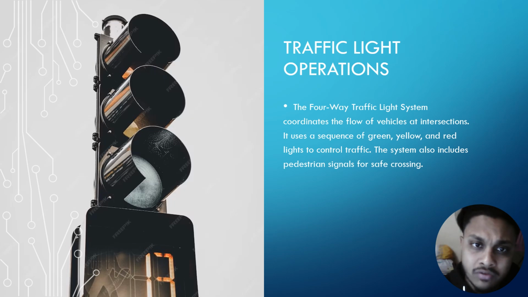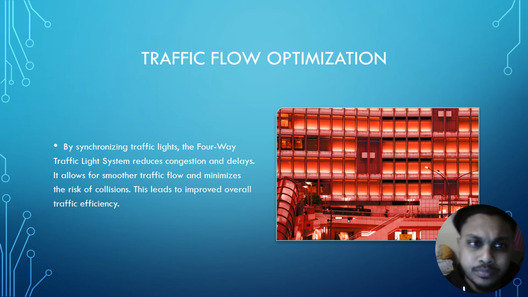The four-way traffic light system is designed to efficiently manage the flow of vehicles at intersections. Using a sequence of green, yellow, and red lights, the system controls when vehicles should go, stop, or prepare to stop. It also incorporates pedestrian signals, ensuring safe crossing for walkers while maintaining smooth traffic flow for drivers.